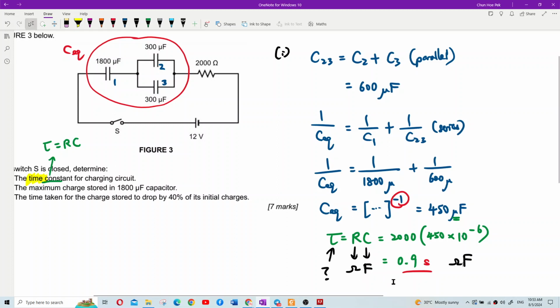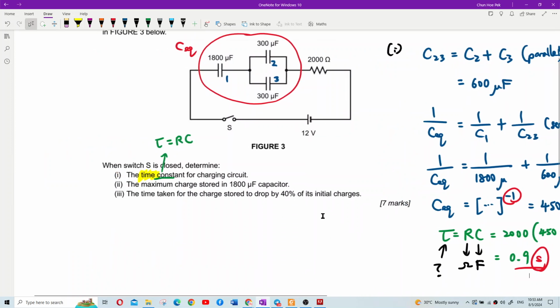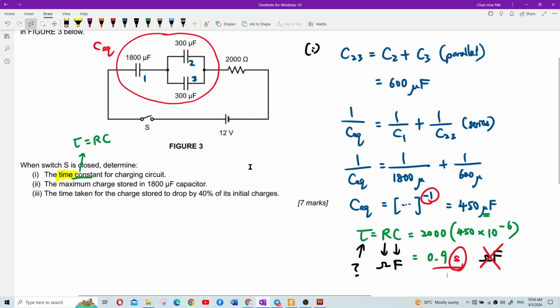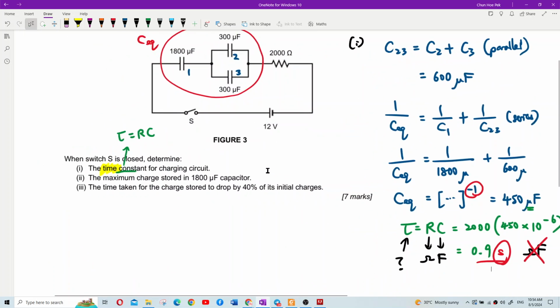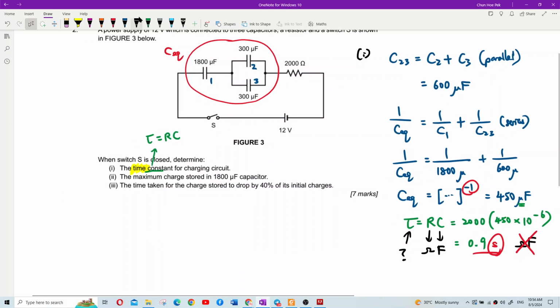Yes, ohm farad is also correct, but don't you think it's funny to write ohm farad instead of second? The time constant is second. What ohm farad? Okay, never mind. Enough.